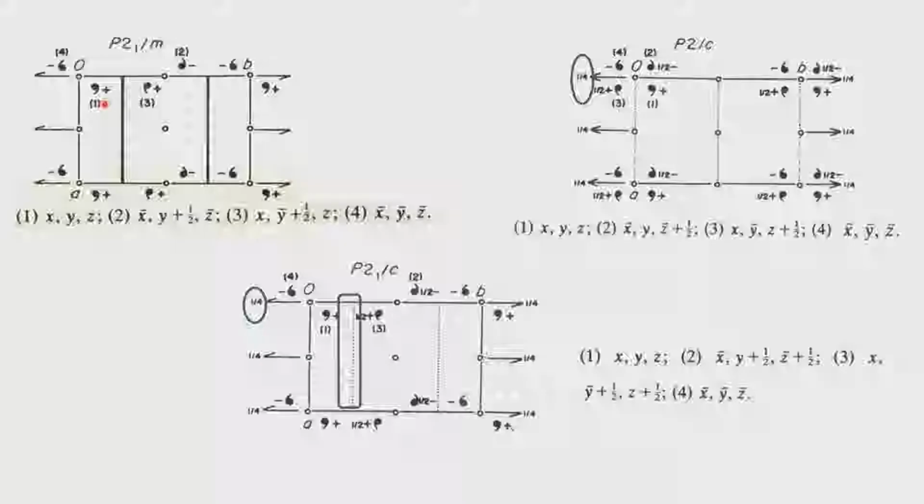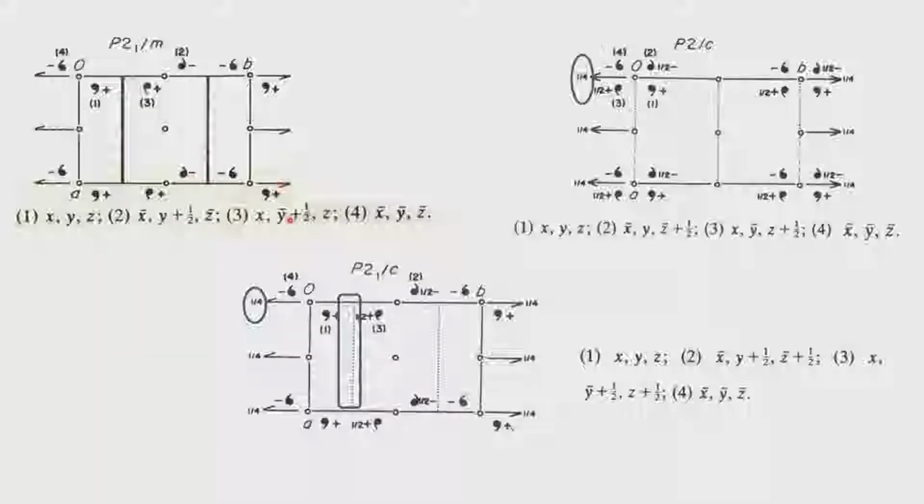The 2-1 screw axis will take this, rotate by 180 degrees, translated by this unit. The rotation of 180 degrees is as usual x bar and z bar, and the addition of half unit is y plus half. So, you get to this point number 2. 1 unit translation of the point 2 will bring it inside the unit cell. So, we have generated 1 and 2 inside the unit cell.